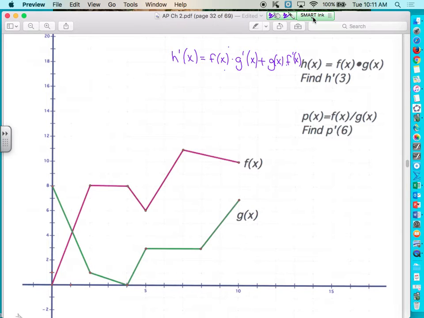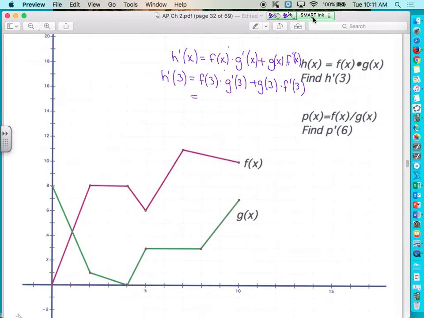So that's my formula, and they said let's figure this out when x is equal to 3. So I want f of 3 times g prime of 3 plus g of 3 times f prime of 3. So you're going to use the graphs then to come up with these values.